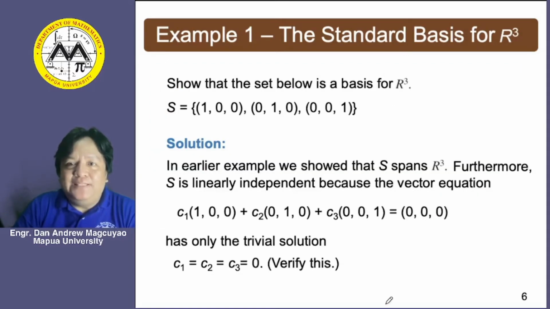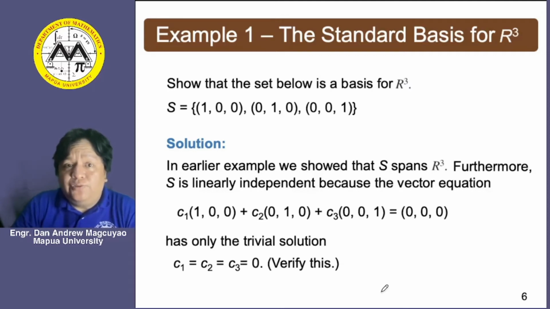Example, for the standard basis of R cube, show that the set S equal to (1, 0, 0), (0, 1, 0), (0, 0, 1) is a basis for R cube. In an earlier example, we showed that S spans R cube. Furthermore, S is linearly independent because the vector equation C1 times (1, 0, 0) plus C2 times (0, 1, 0) plus C3 times (0, 0, 1) is equal to (0, 0, 0) has only the trivial solution.